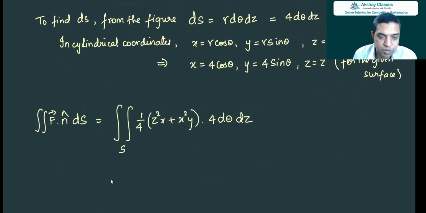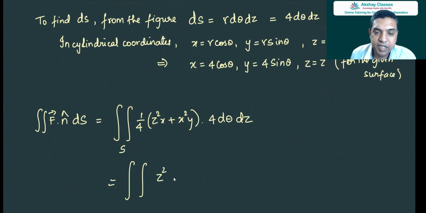Now we will apply the limits of integrals. So 1/4 and 4 cancel. Now z square remains as it is.